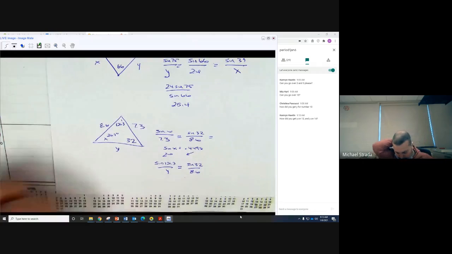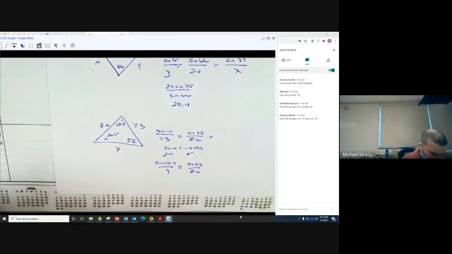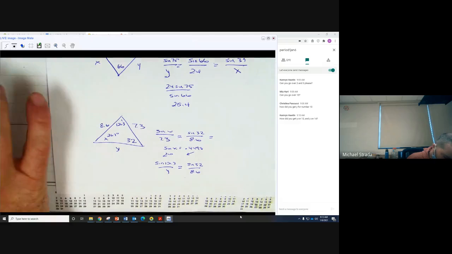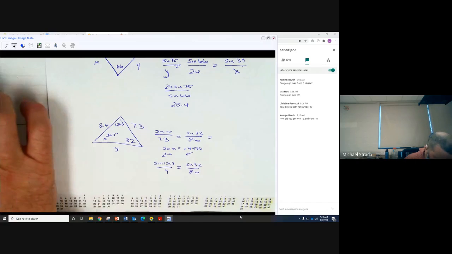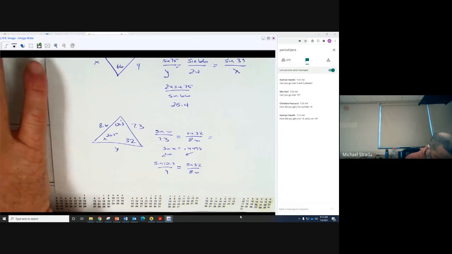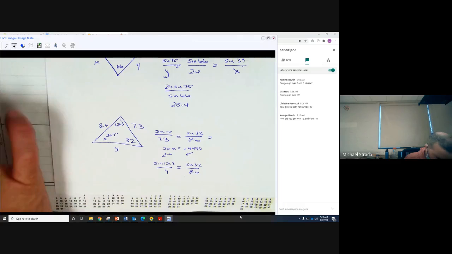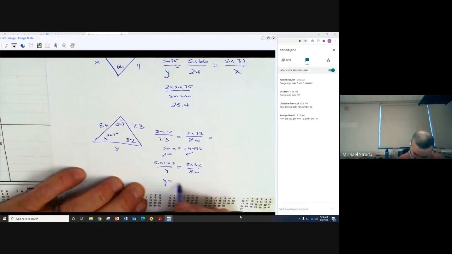I'm going to multiply sine of 121.3 times 8.6 and end up dividing that by the sine 32. And I get y is equal to 13.9.